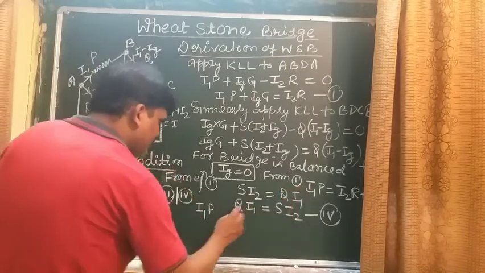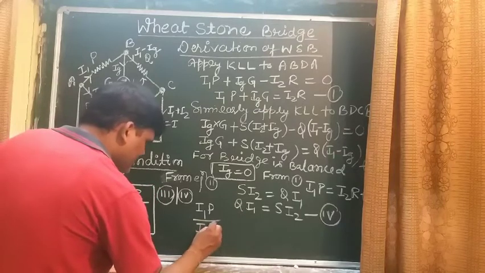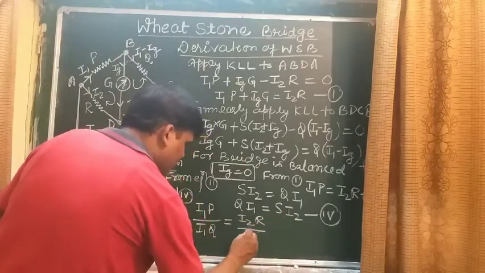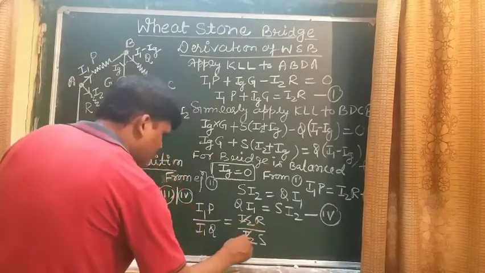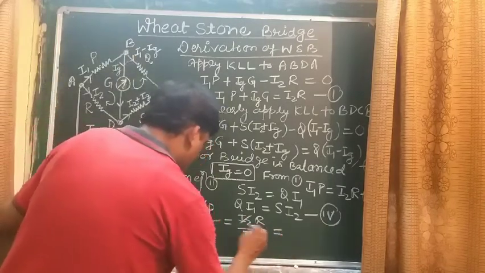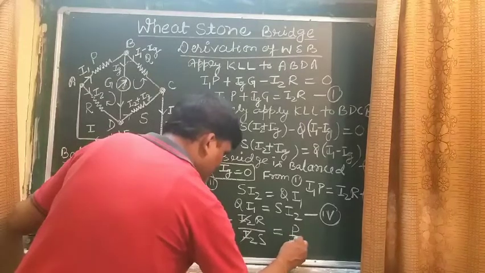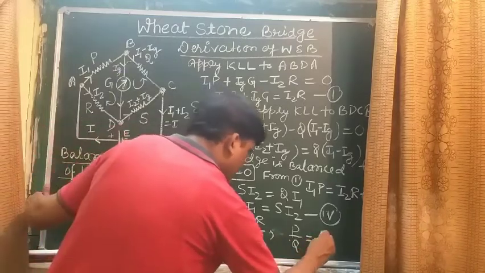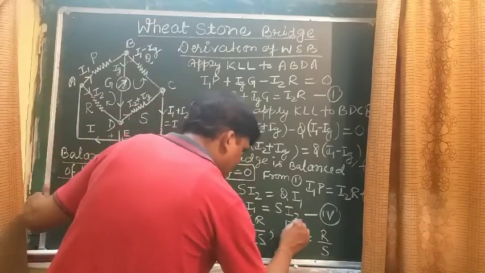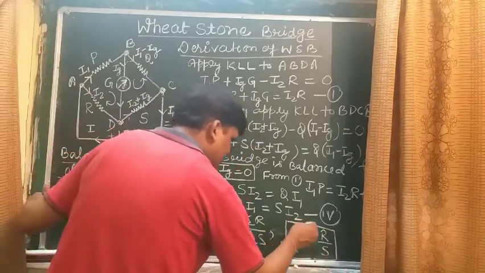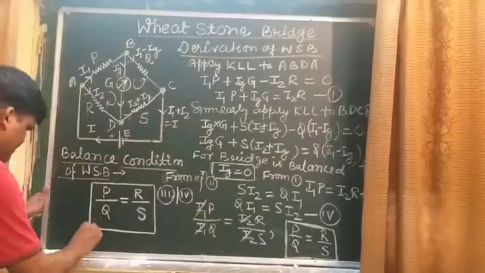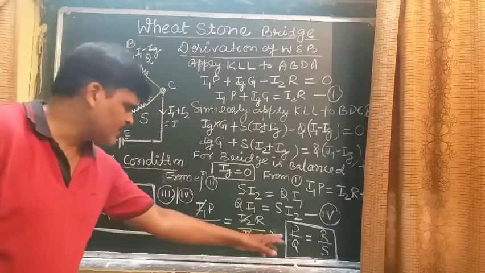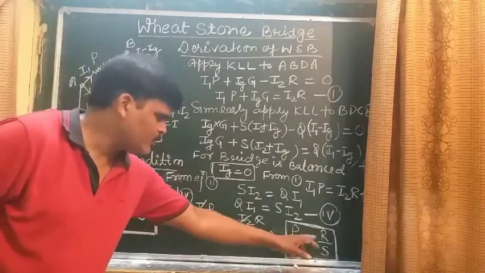I1P by I1Q equals I2R by I2S. I2 cancels, I1 cancels, and it comes out that P by Q is equal to R by S. We have derived this formula, which is the balance condition of the Wheatstone bridge, calculated here. P by Q is equal to R by S.